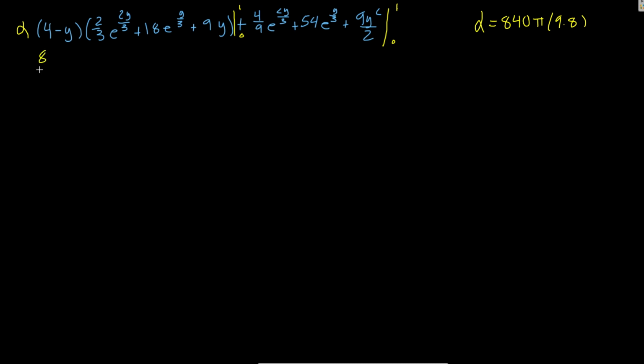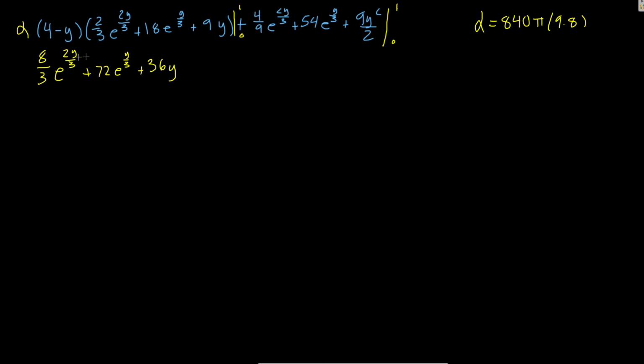It's going to be a big problem. 8/3 e to the 2y over 3 plus 4 times 18, which is, I believe, 72, hopefully. 72 e to the y over 3 plus 36y. So that's the result of multiplying 4 to each one of these terms, which is great.